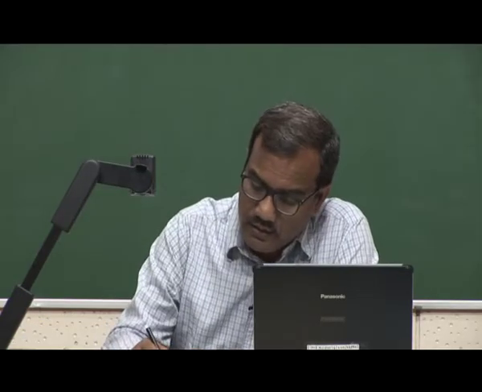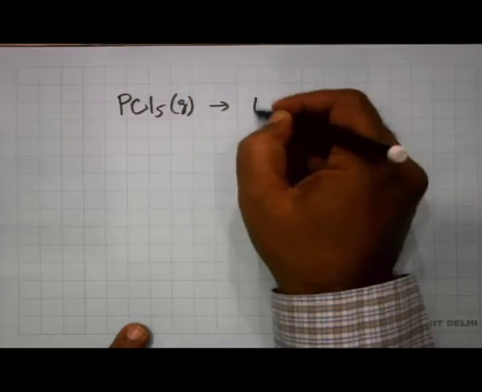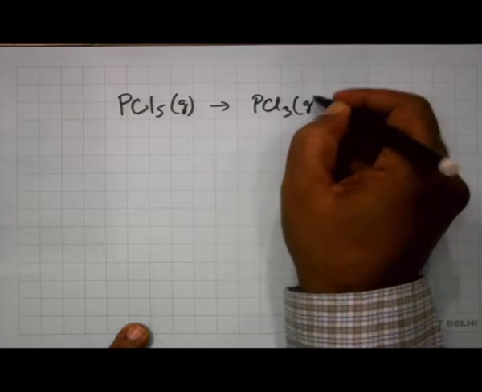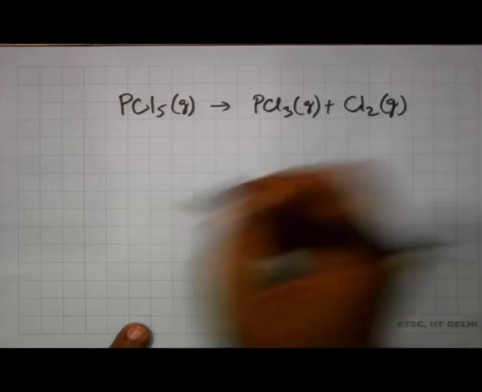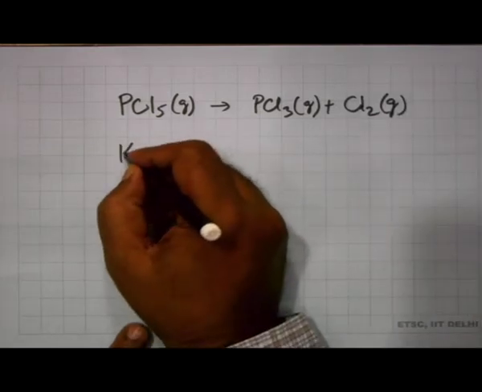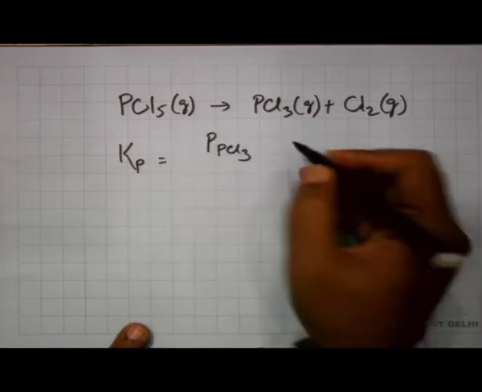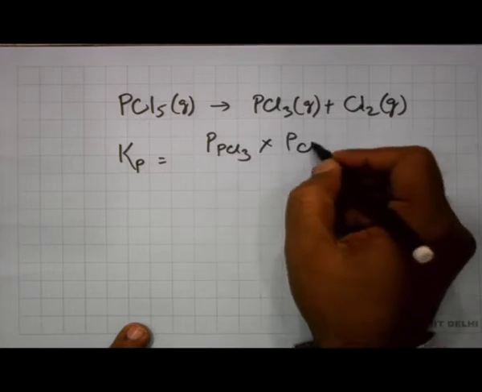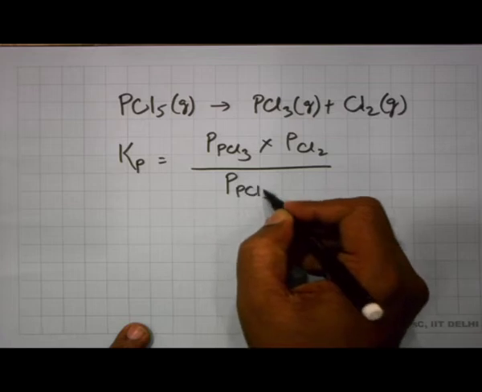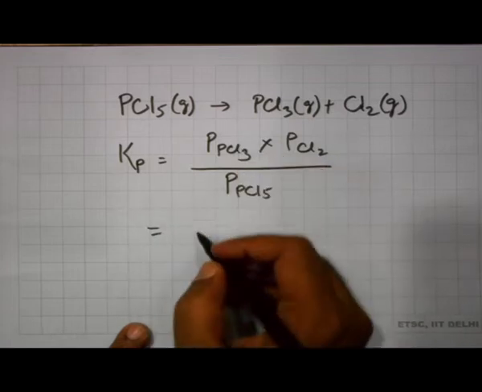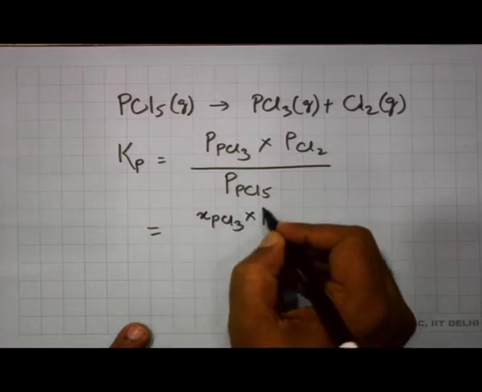I discussed this reaction: PCl5 gas giving PCl3 gas plus Cl2 gas. Kp can be written as the pressure of PCl3 times the pressure of Cl2 divided by the pressure of PCl5. Each pressure is the mole fraction times total pressure.